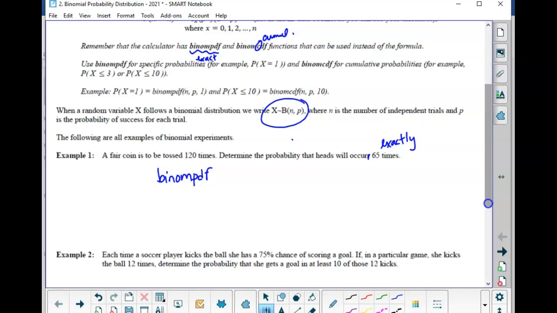So here, this would be n, so n equals 120. Here, probability of a head is 1/2. And the number of successes, you can call it x, is 65. So a way to write it out, this really comes from the older version of the calculators, is 120, 1/2, 65.